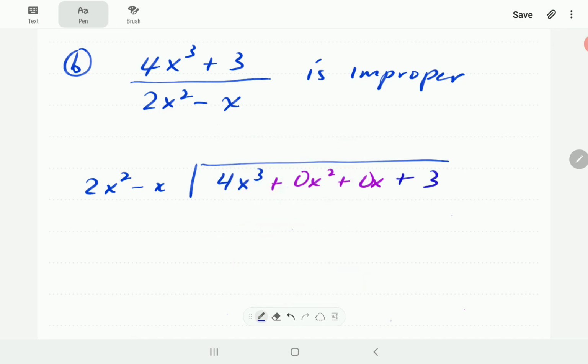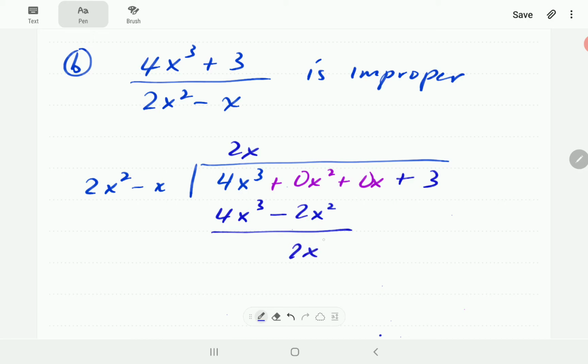Okay, then 2x squared into 4x cubed goes 2x times, then 2x times 2x squared is 4x cubed. This is going to be minus 2x squared, and then we subtract.